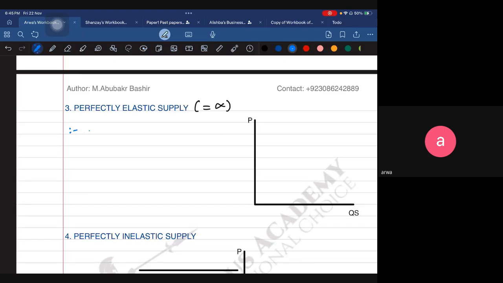I'm simply saying that the price is constant, but the quantity supplied keeps on changing.